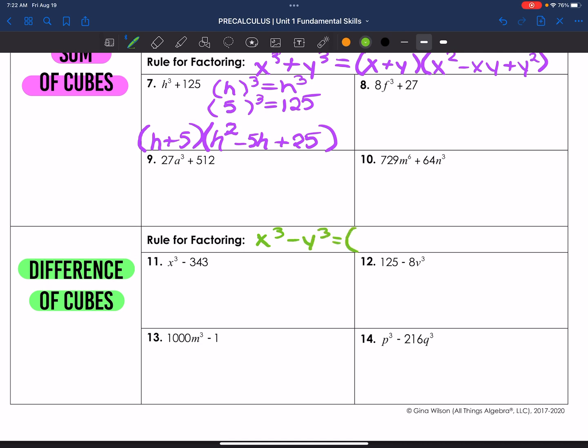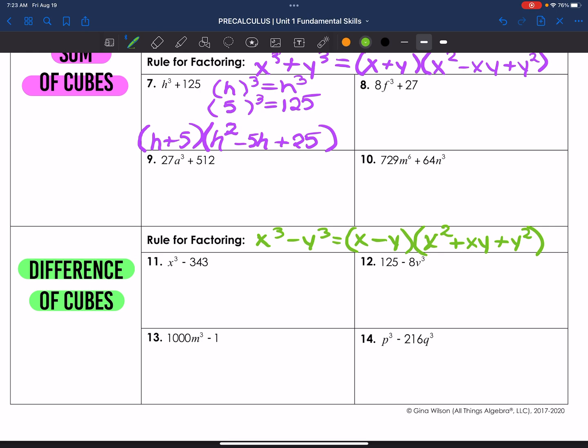And then here would be the factors. You're going to have your x and your y, those cube roots, but when factored, you'll take the difference of them, and you'll multiply that with your x squared plus the product of x and y plus your y squared.